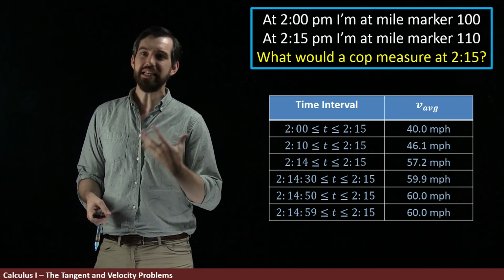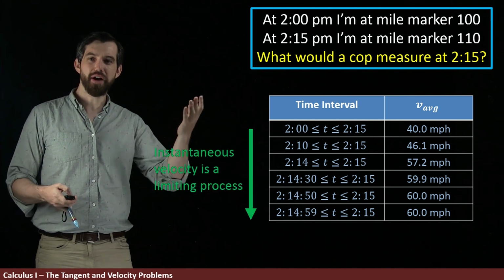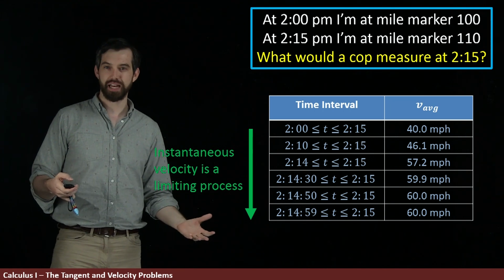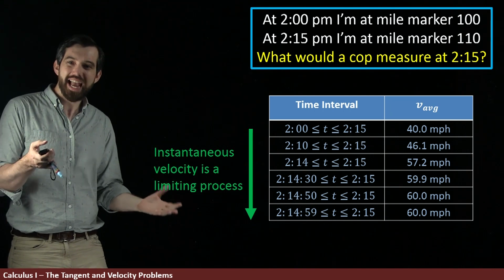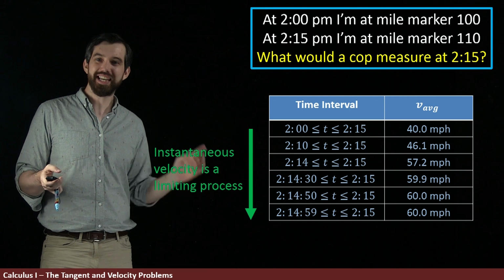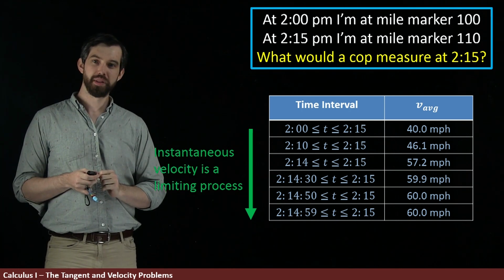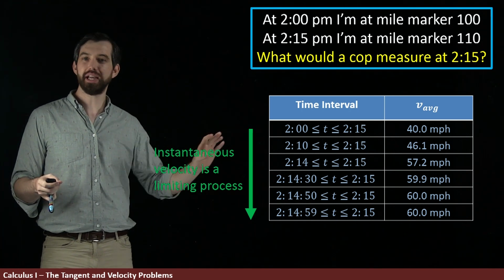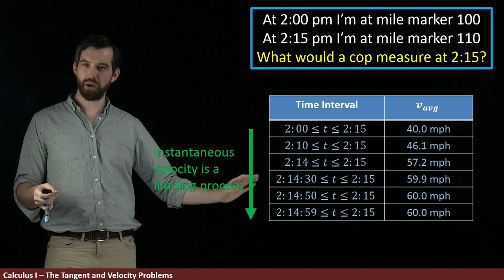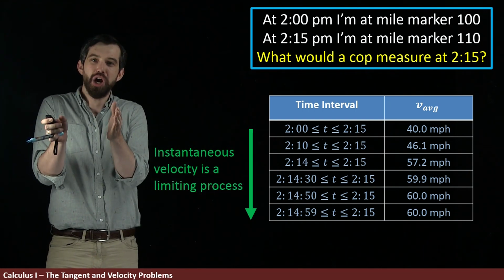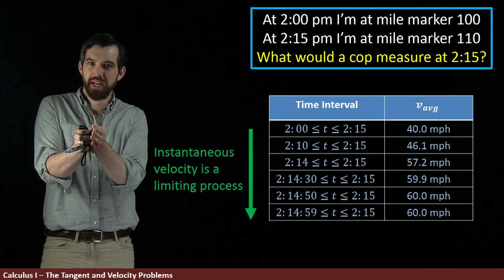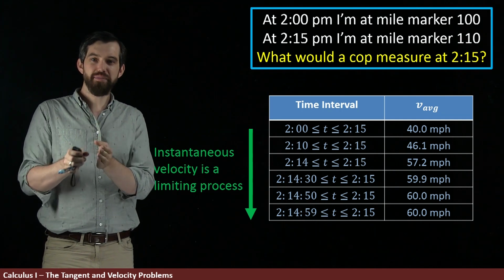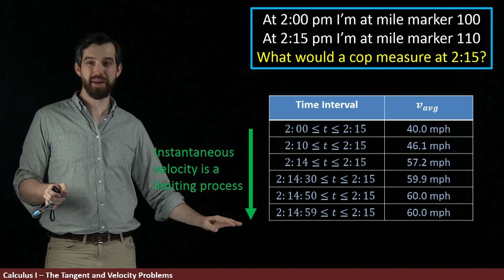So this leads me to a notion of a sort of limiting process. If I want to know the instantaneous velocity, that is the velocity exactly at 2:15, then what I'm going to do is look at smaller and smaller time intervals, where the time interval is getting really close to 2:15. And you could imagine we could carry on if we had more accurate measurements.